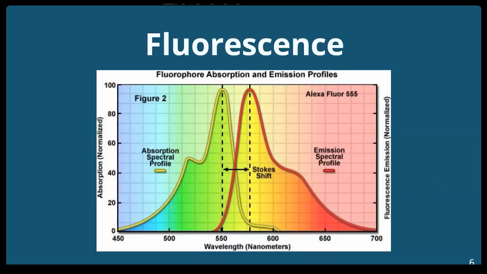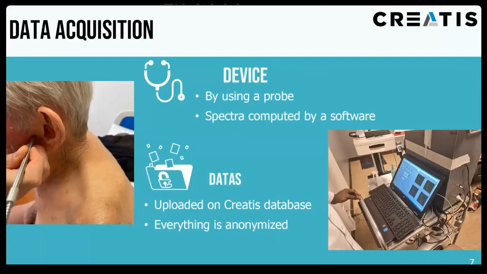Fluorescence is the fact that this molecule will absorb the light in one part of the spectrum, and will emit it in another part, and it will allow us to make a study on its proportion in the skin.